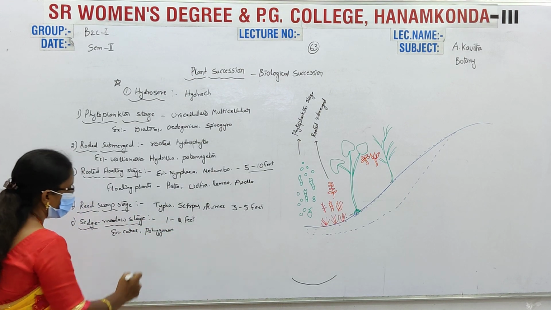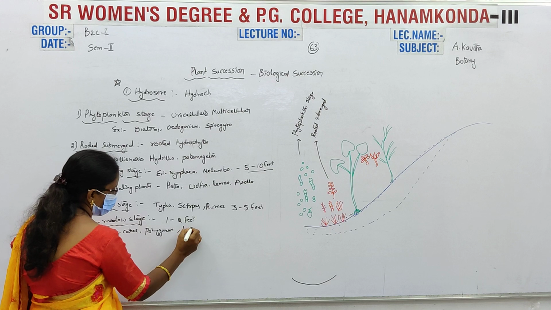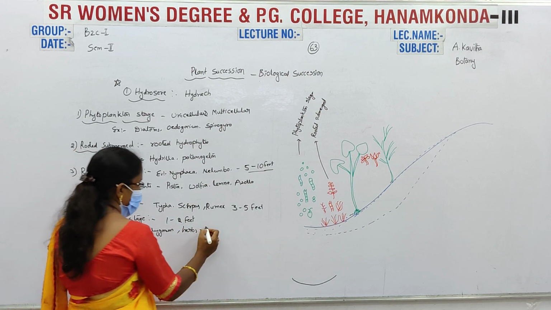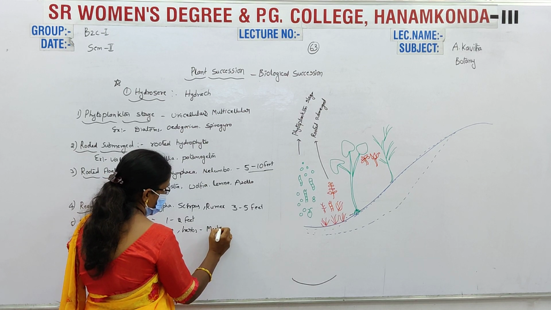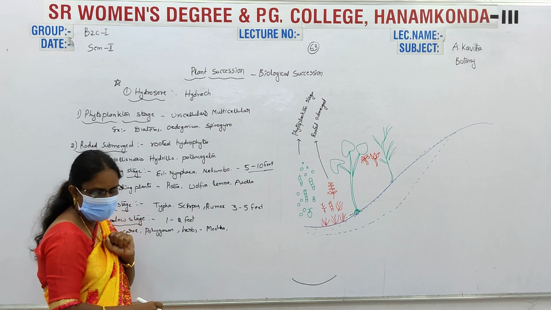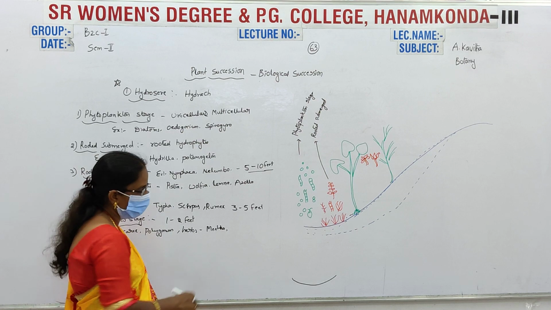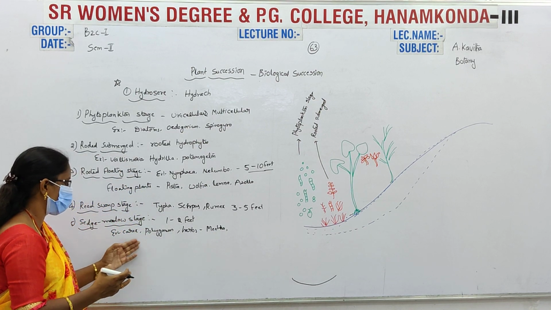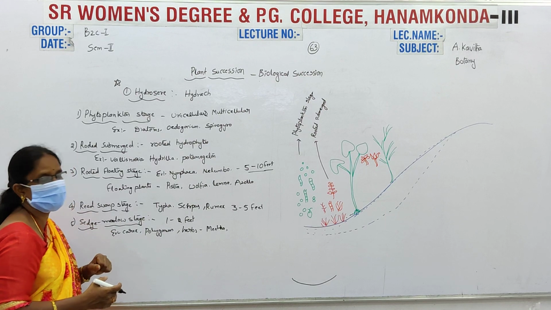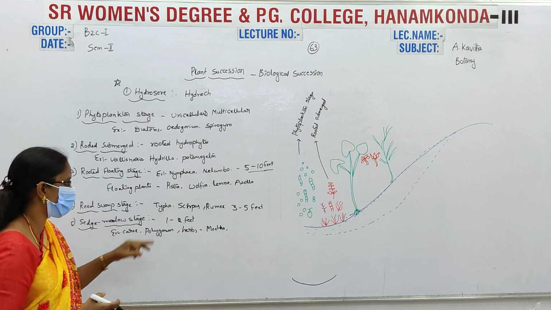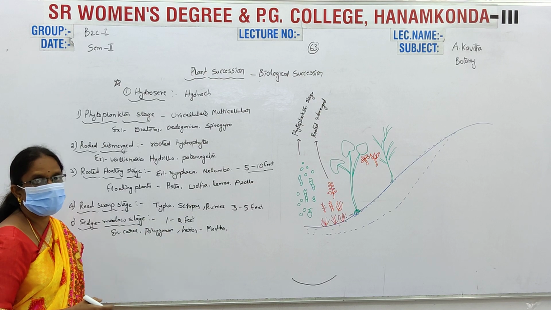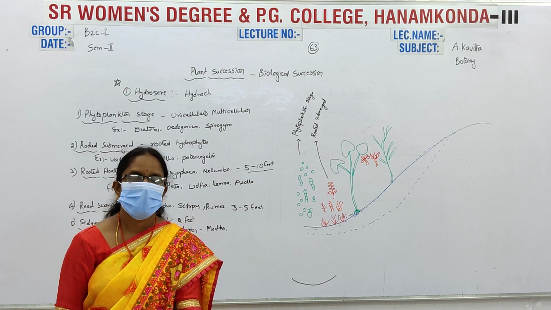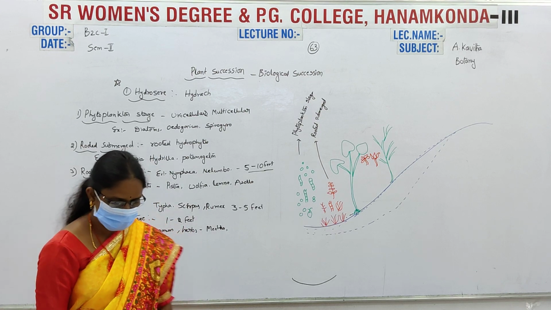Small herbs and small aquatic plants, for example Mentha, Polygonum, Rumex, are also developed in the sedge meadow stage. In the sedge meadow stage, the pond depth is 1 to 2 feet, and it slowly decreases.